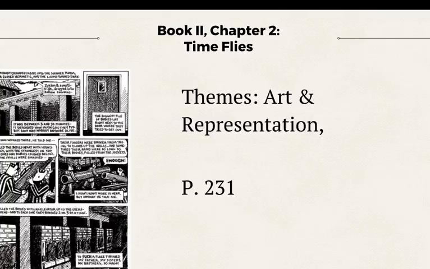So before we get to page 231, I just want to make sure that you're aware of the importance of diagrams, particularly in this series of panels, because they really help with our understanding of the layout of Auschwitz.